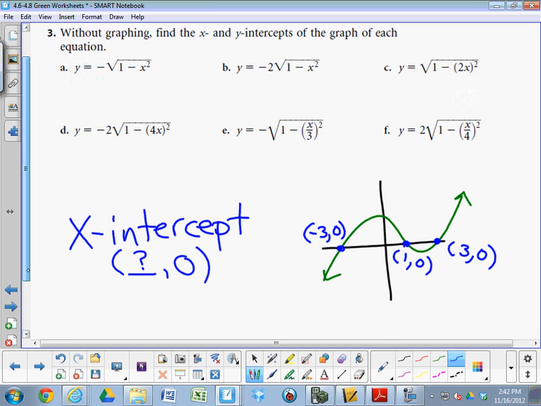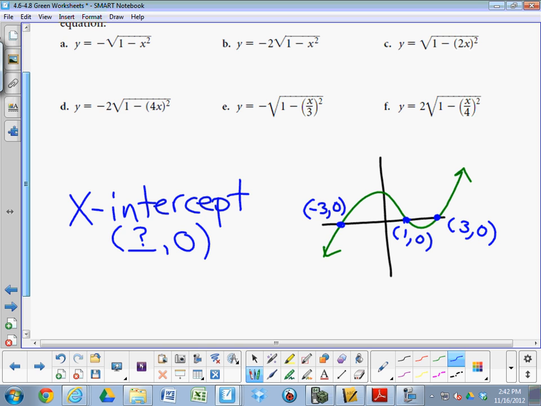On the flip side, by the way, how many x-intercepts could a valid function have in math? How many times legally could a graph cross the x-axis and still be a function? An infinite number of times, right? And lots of graphs do.